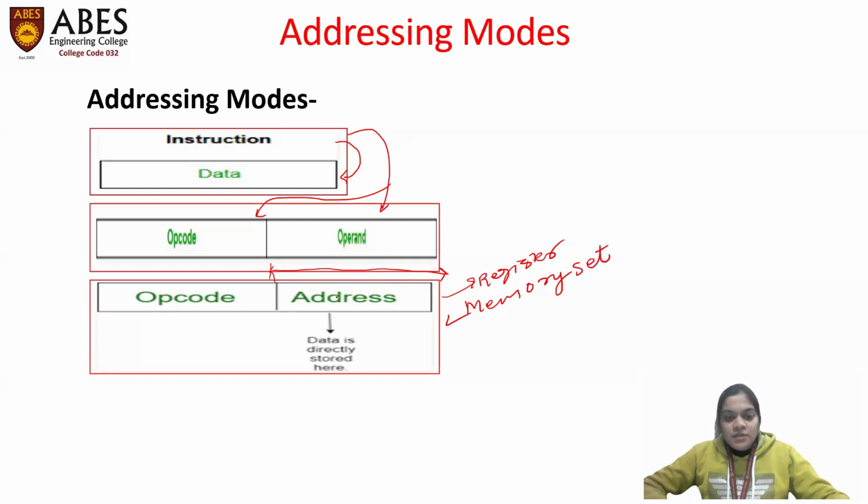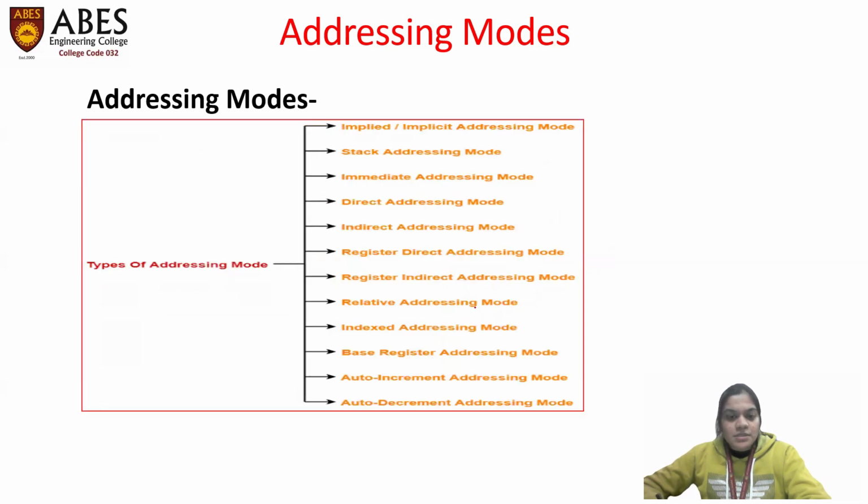The address field gives you the address value, and for that address value we have stated the term effective address. So effective address is the location where your data is stored inside the register field or memory field, right?